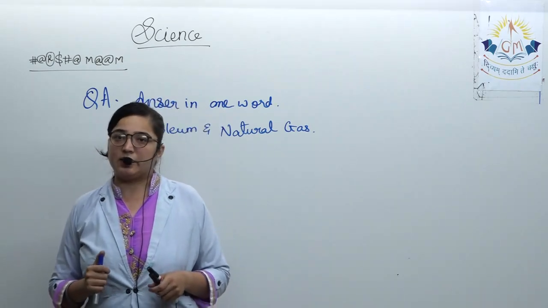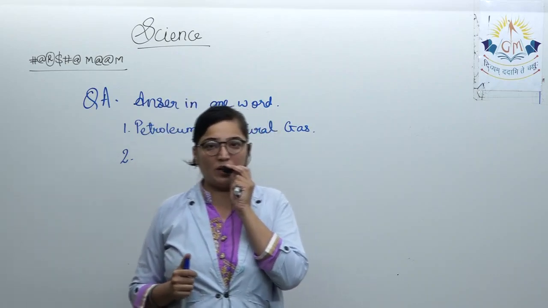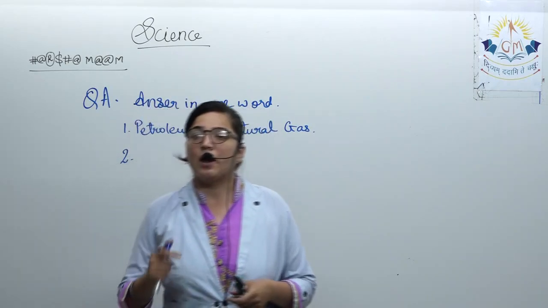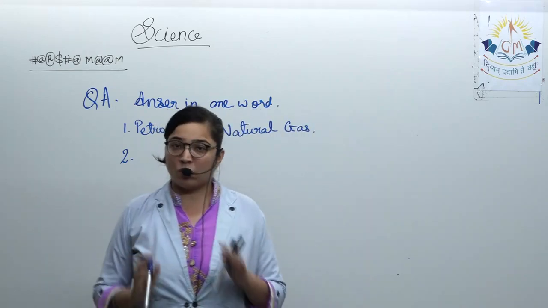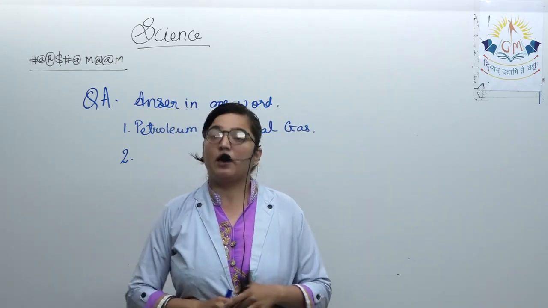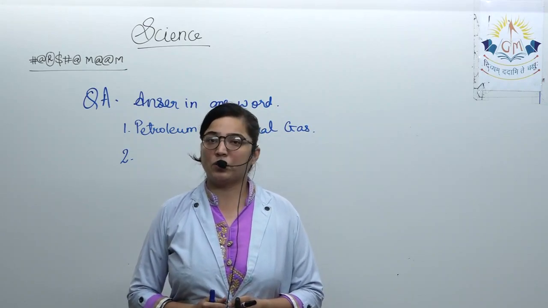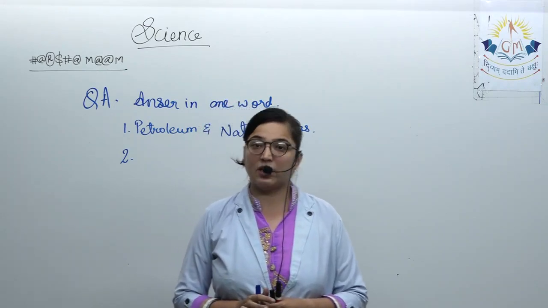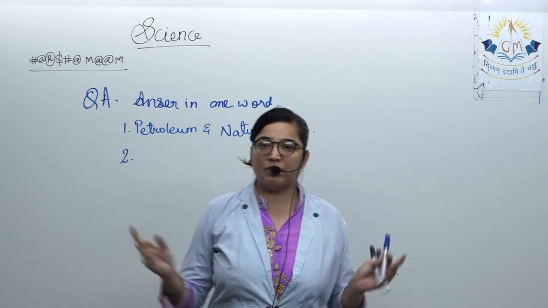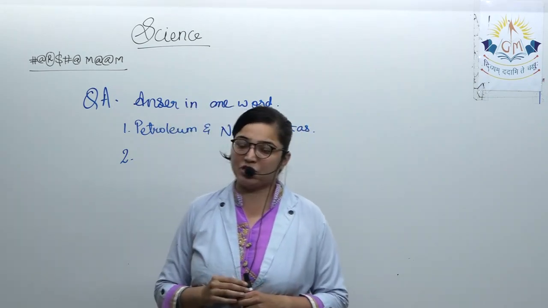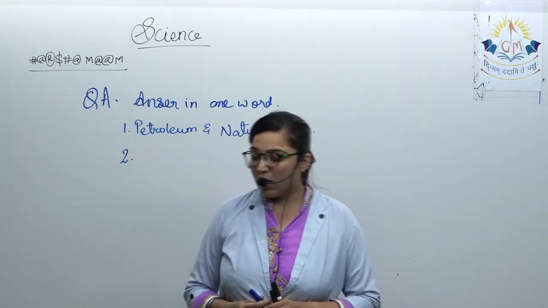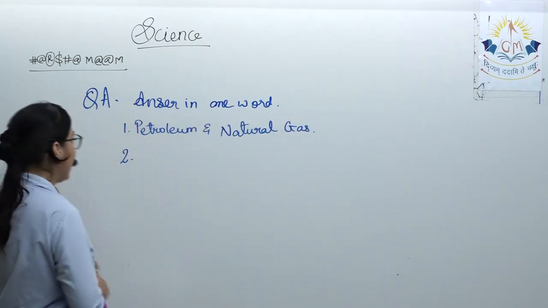When we were doing chapter number 5, that is coal and petroleum, at that time we studied how coal and petroleum are formed. They are formed by the process of carbonization. That is, all the carbon will get accumulated and at high temperature and high pressure it is treated. So, our second answer is carbonization.